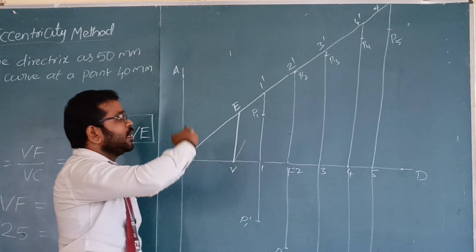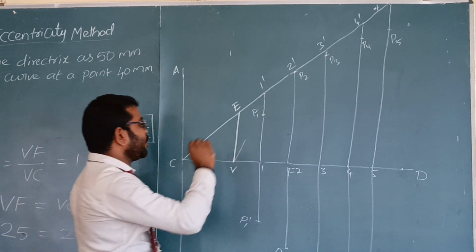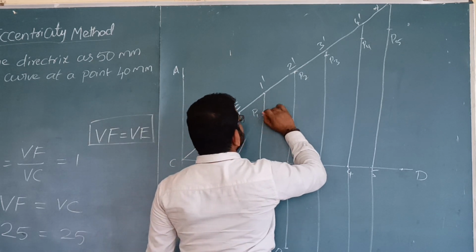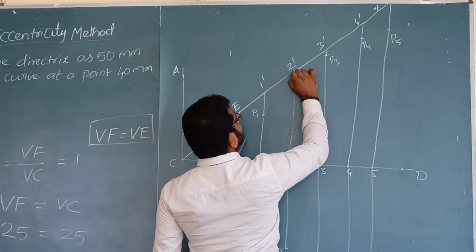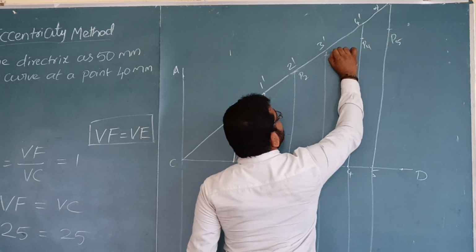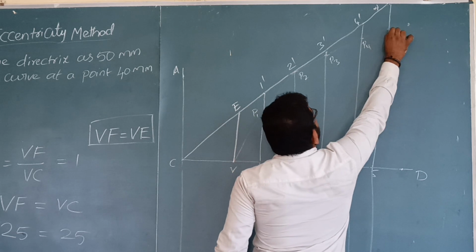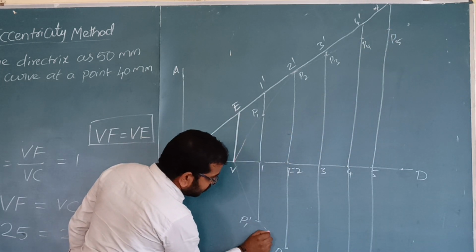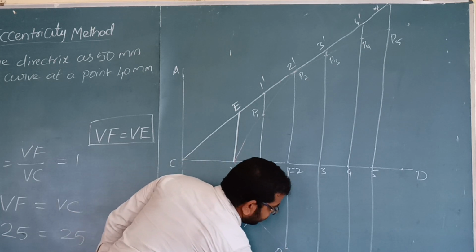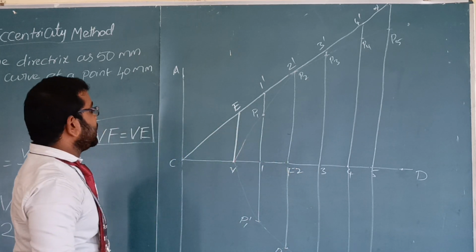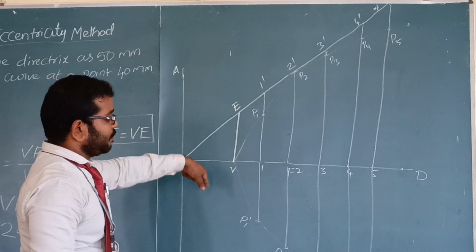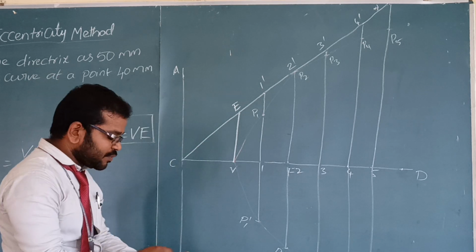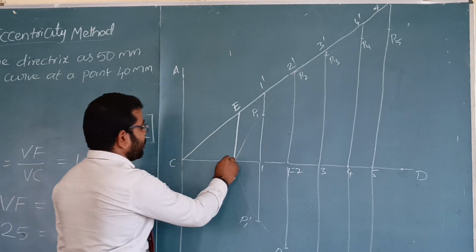First, initially draw a thin line and then finally draw a thick line. Initially I draw a thin line, so I get a perfect shape of the parabola. That's why I thickened this parabola curve.